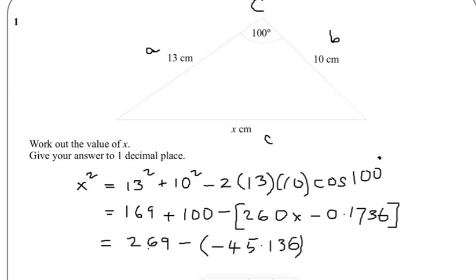Now this is the crucial part. If you have two negatives, that becomes a positive. So in the next step, we need to do 269 plus 45.136. All right, so you need to be careful here.